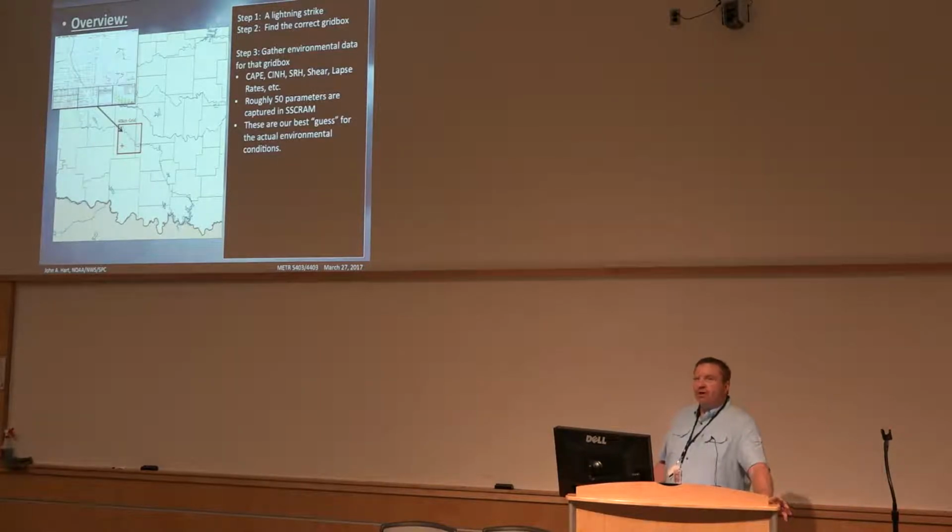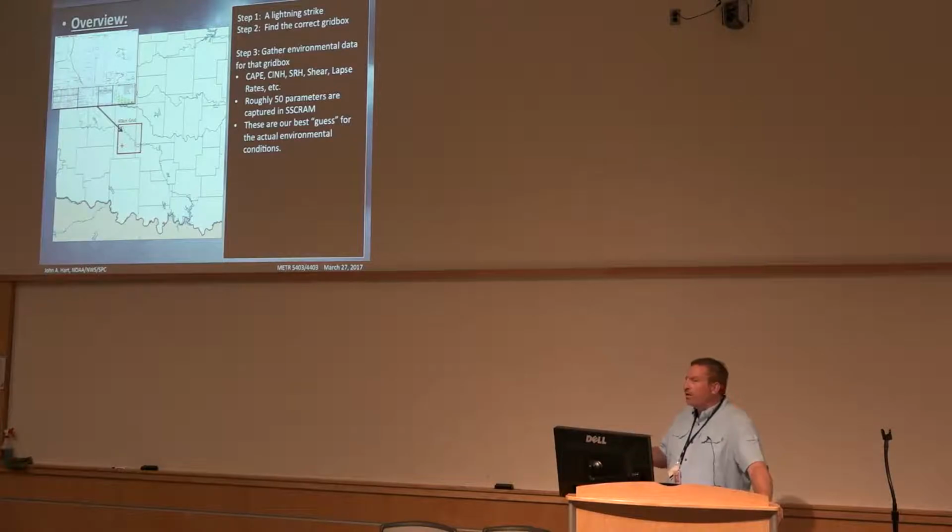I capture all of the best analysis data I can get from that grid box. There were 50-some parameters: CAPE and shear and helicity and lapse rates and precipitable water and low-level moisture and dew points and anything you can think of that a severe weather forecaster might want to have on his palette if he's painting the forecast.